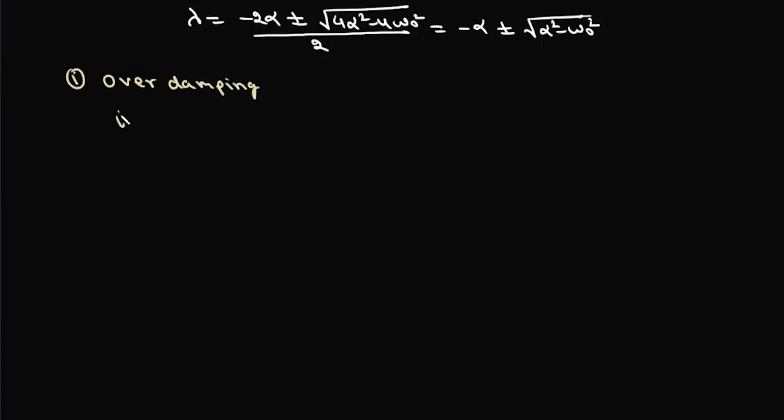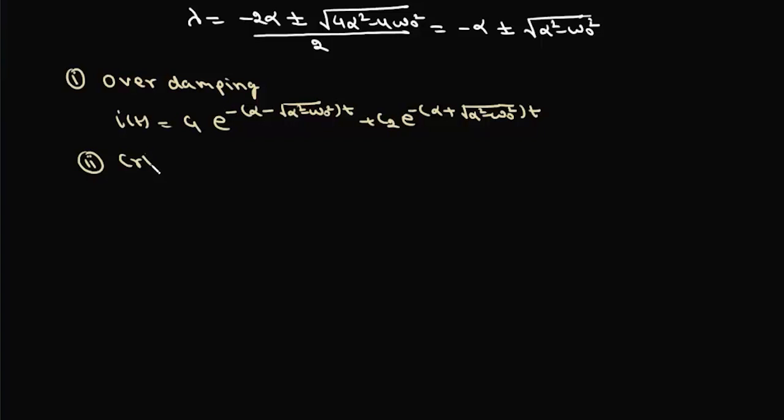Overdamping, where the solution is i(t) is C1 e to the power minus alpha minus under root of alpha square minus omega naught square t plus C2 e to the power minus alpha plus under root of alpha square minus omega naught square t.